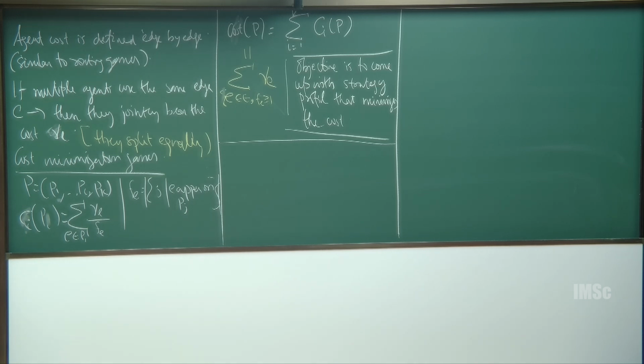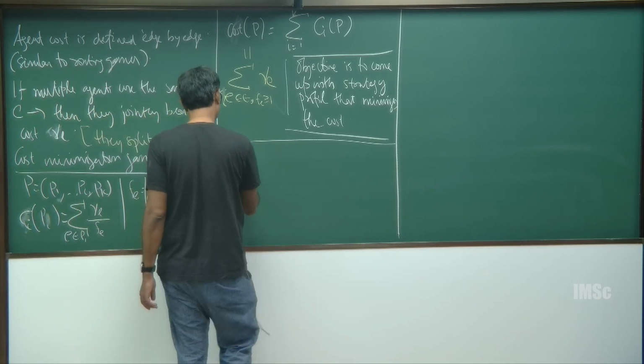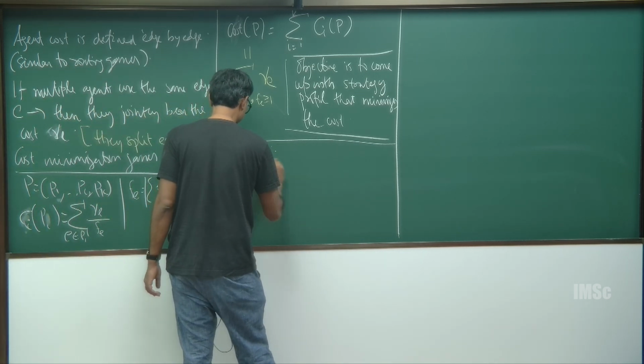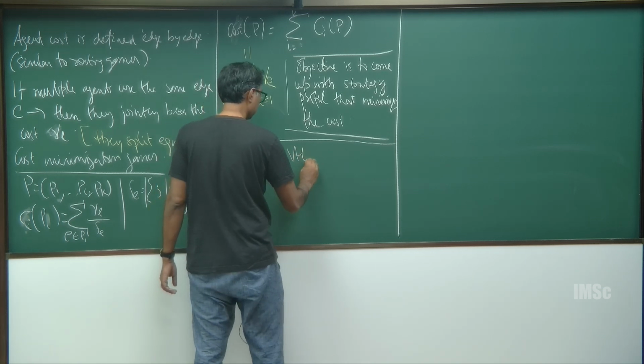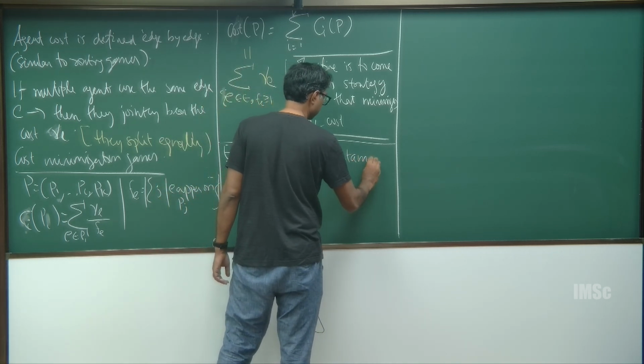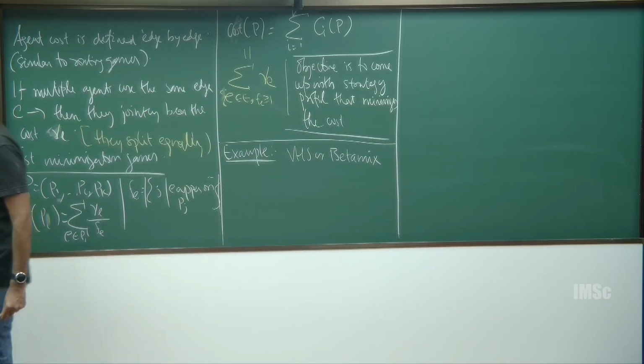So the example this book gives us is what it calls VHS or Beta Max. I do not know exactly what this is called.